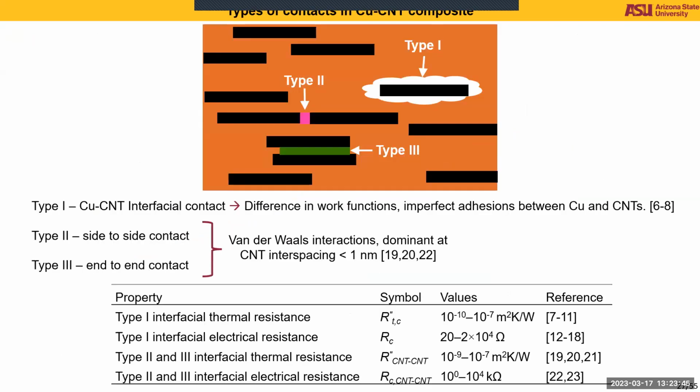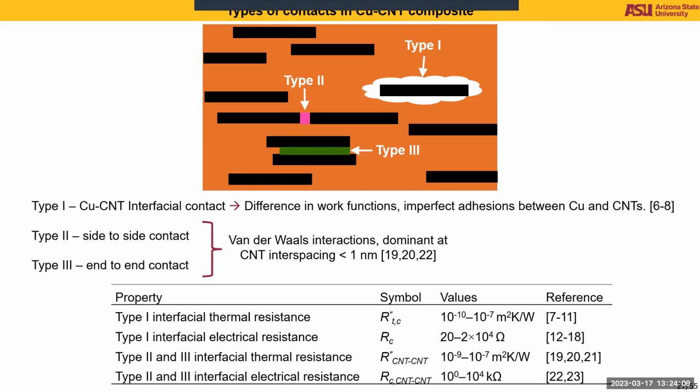So when you look at a 2D composite model, you see there are three types of contacts in the copper CNT composite. Type 1 contact arises due to the interfacial resistance between copper and CNTs, as they have different work functions, and also they have imperfect adhesions. Type 2 and type 3 contacts arise due to side-to-side and end-to-end contact of CNTs.